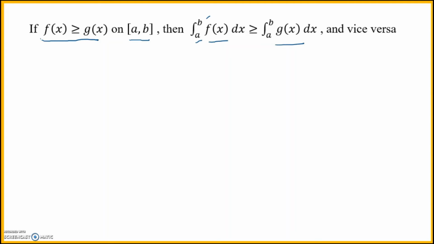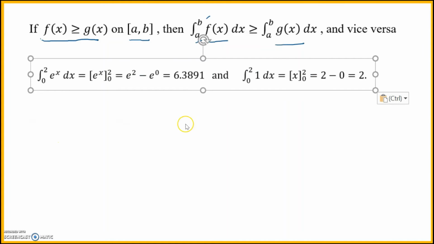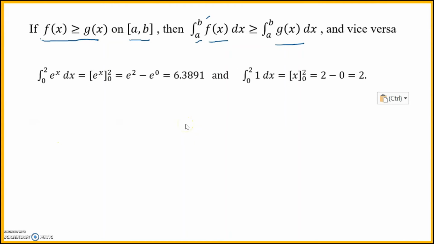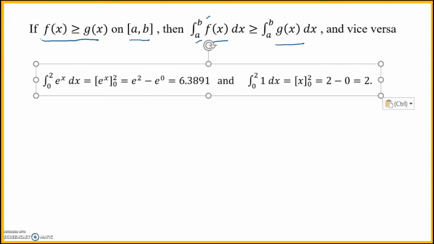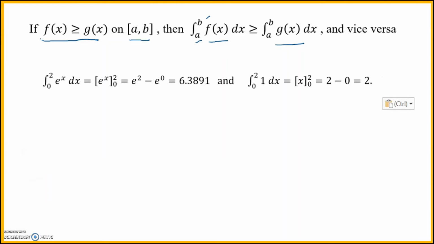So, for example, if I integrate e to the x from 0 to 2, I get 6.3891, and if I integrate 1 from 0 to 2, I get 2. It is clear that the integral of e to the x is larger than the integral of 1 in the interval 0 to 2.